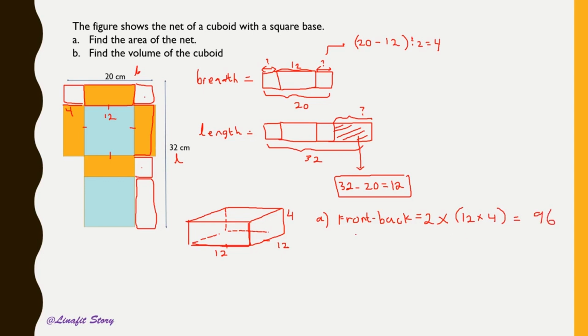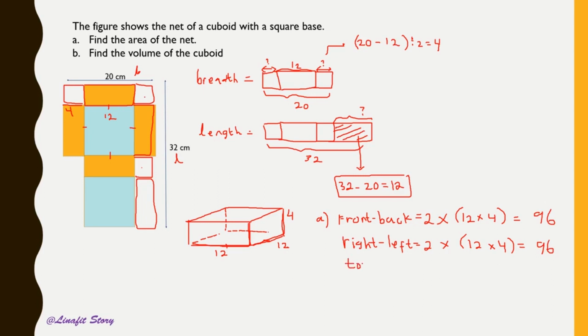And then the right and left side. 2 times 12 times 4 equals 96 square cm.